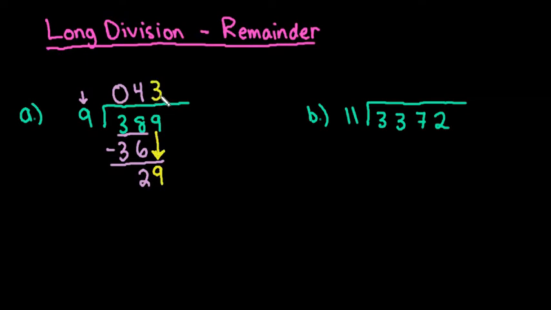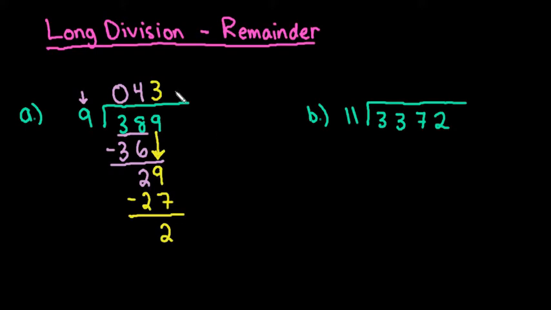Again, it's not going to be evenly, because 3 times 9 gives me 27, but 27 is the closest thing that I can find to 29. So knowing your multiplication tables is critical to being able to do long division. Now if I subtract these two, 29 minus 27 gives me 2. And I can see that 9 does not go into 2. I don't have any numbers left, and I don't want a decimal approximation for this one.